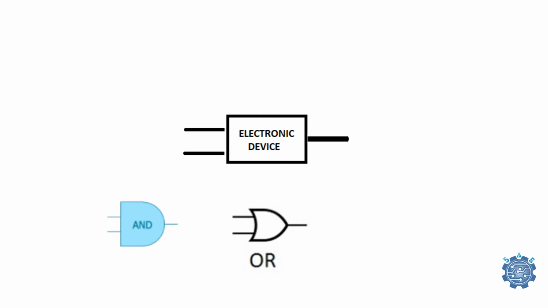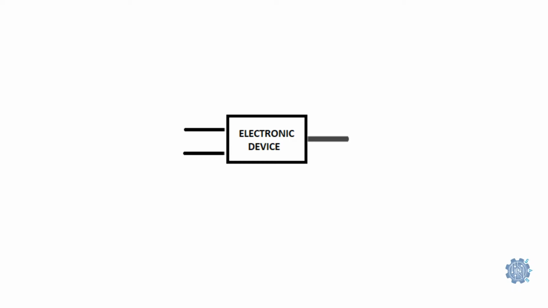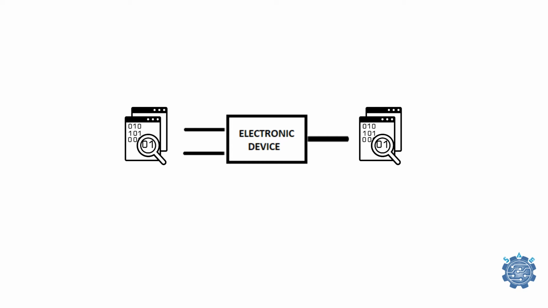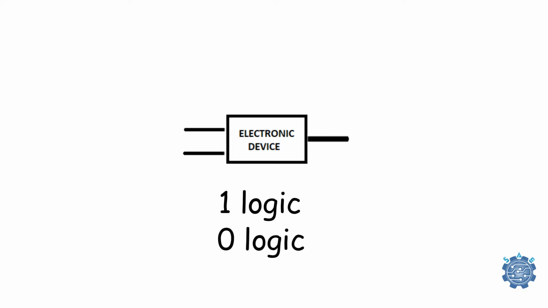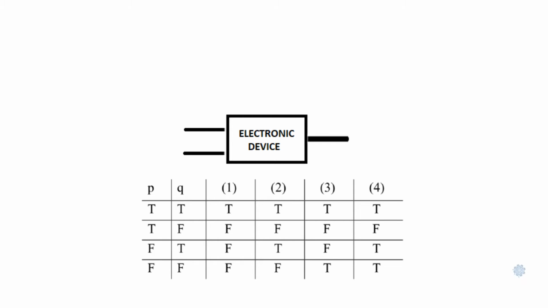These logic gates can be of several types, having different functions implemented on them, for example AND gate, OR gate, XOR gate, and others. The inputs and outputs of these logic gates can have only binary data, one logic and zero logic. Each logic gate follows a truth table that gives the corresponding value.